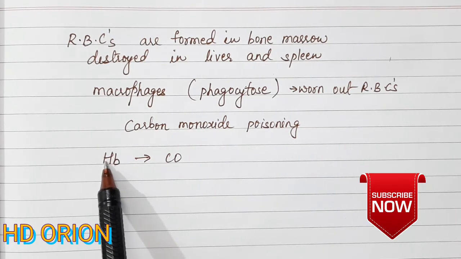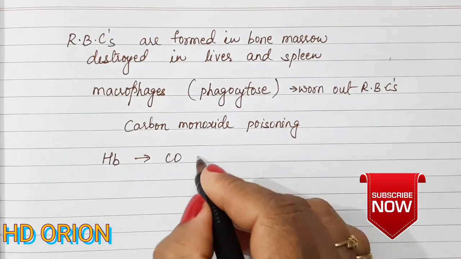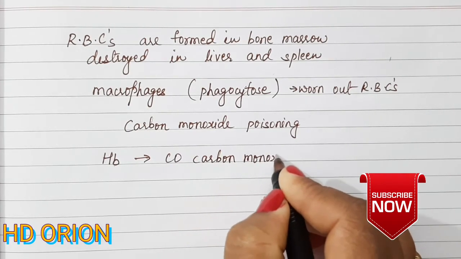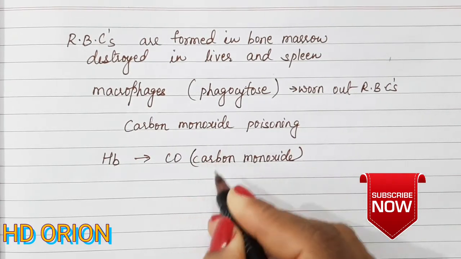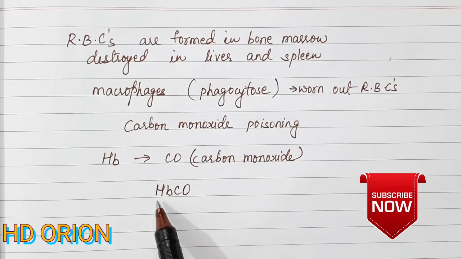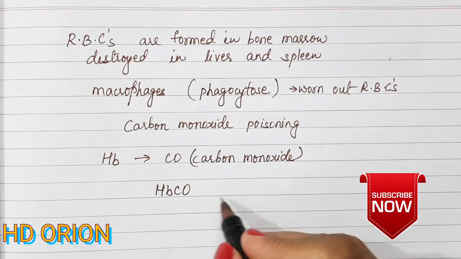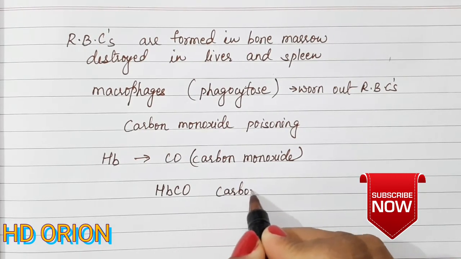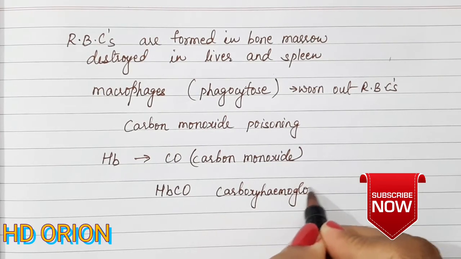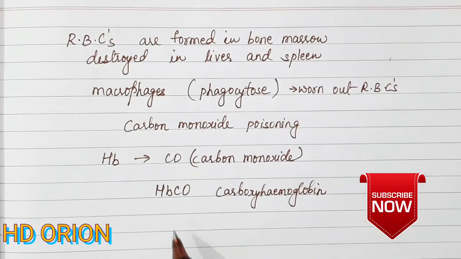But once the hemoglobin comes in contact with carbon monoxide, it becomes a permanent, stable compound. This is the formula. That is carboxyhemoglobin. This carboxyhemoglobin is permanent. That means it will not let the hemoglobin be free for carrying oxygen molecules.